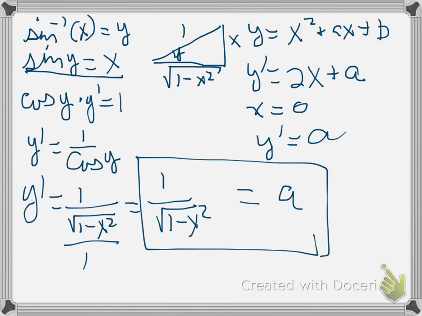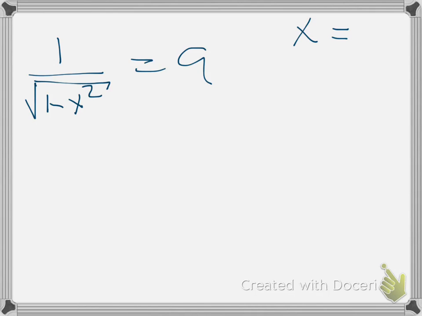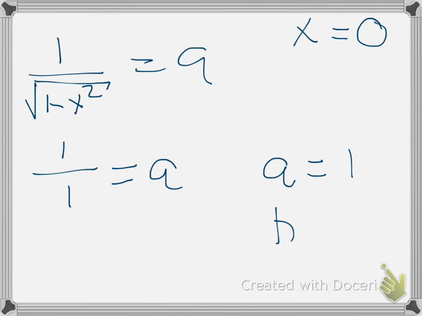So 1 over the square root of 1 minus x squared equals a. Now remember, we're still letting x equal 0. So I have 1 over 1 equals a, so that means that a equals 1, and from before b equals 0. Right? Continuity and then differentiability. Continuity: set the two pieces equal to each other, solve for the one variable. Differentiability: take the derivative of each, set the derivatives equal, solve. That's all you need to do there.